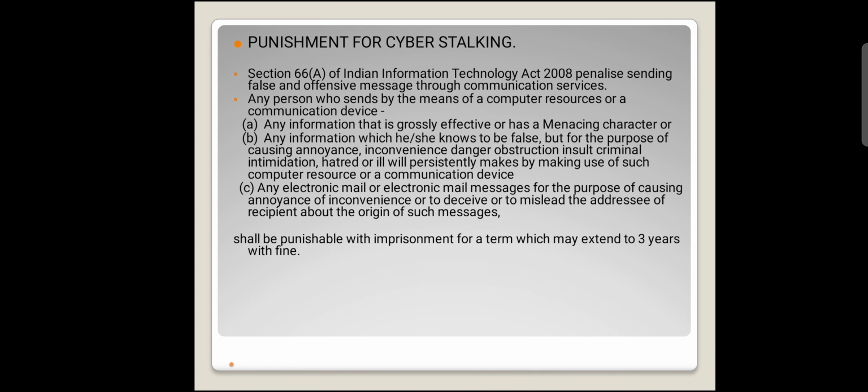So we discuss the punishment for cyber stalking. Section 66A of the Indian Information Technology Act 2008 penalizes sending false and offensive messages through communication service.